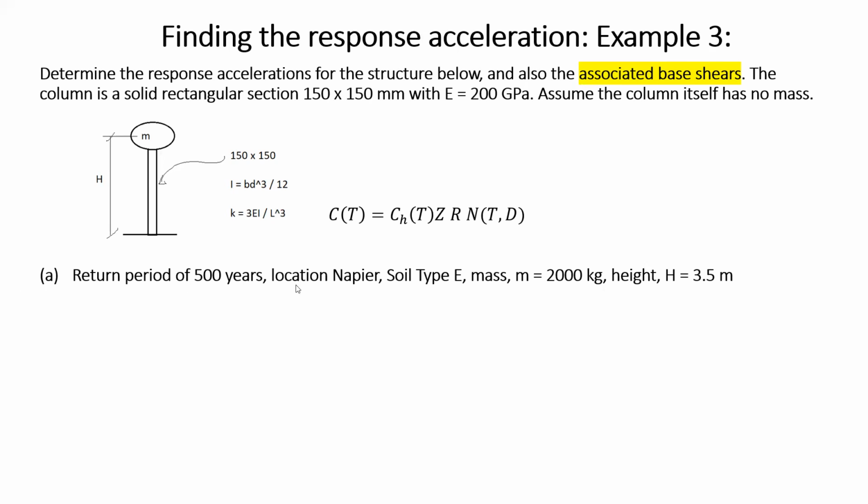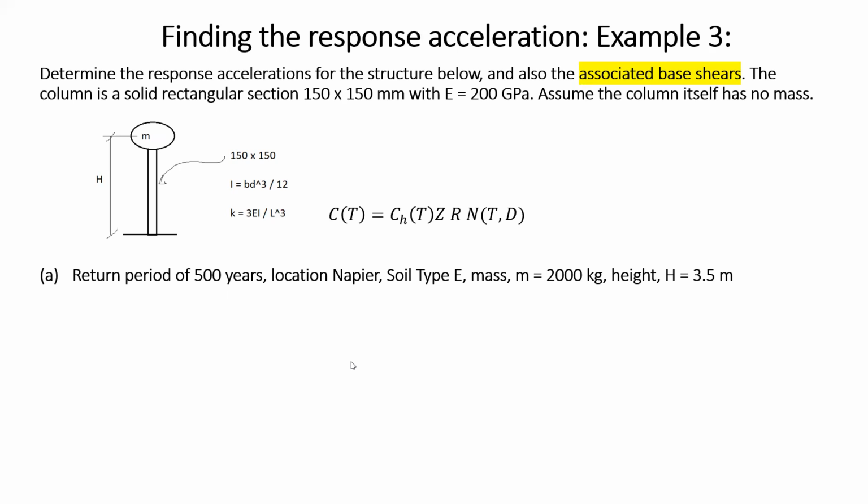The first one I want you to do is return period. Consider the case of a return period of 500 years, location in Napier, soil type E, the mass M equals 2,000 kgs and height equals 3.5 meters.